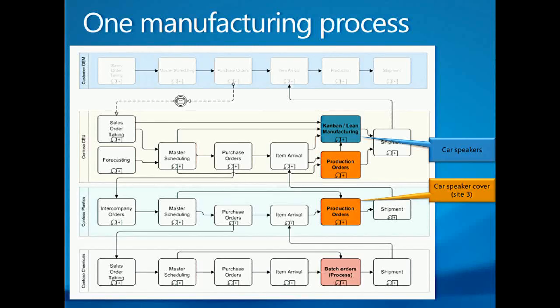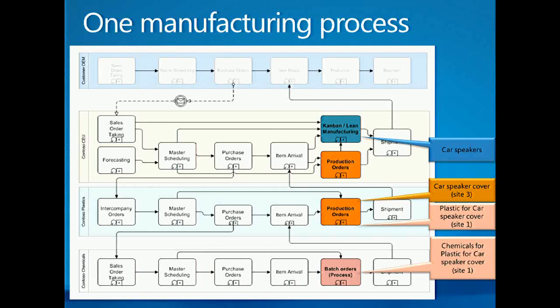But to make car speakers, you need some car speaker covers, and those car speaker covers get produced here. The color is indicating that these are production orders. And then you need some plastic to make these car speaker covers. That plastic is coming out of the Contoso Plastics Company, and that is a batch order.